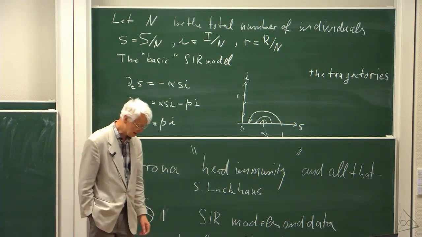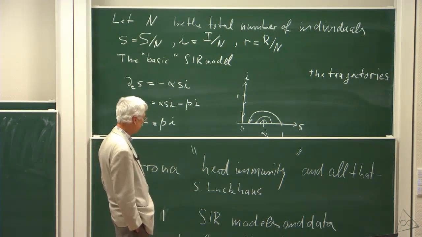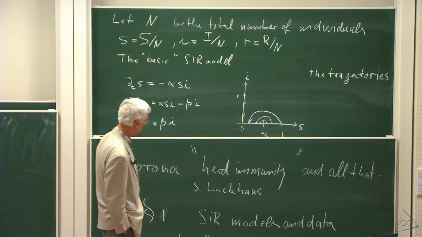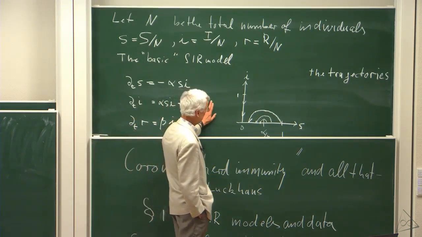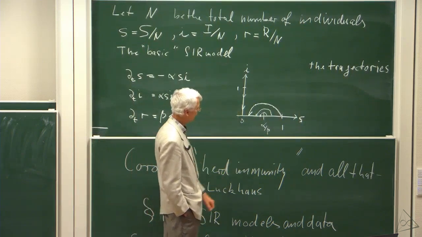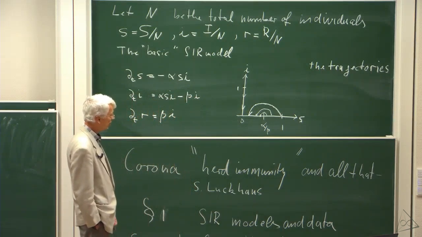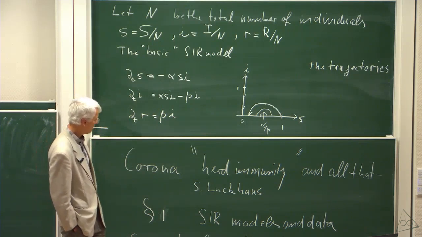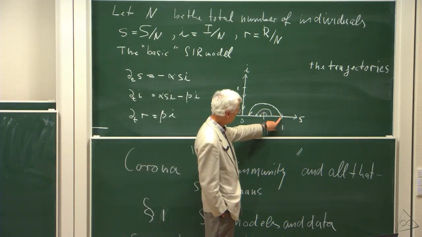And this is a very old kind of model. It's something like 100 years old, and it explains a little bit what I write down there in this term as a picture, right? So it explains what we call the trajectory of an epidemic. So let's say we start with what I would call a virgin population.